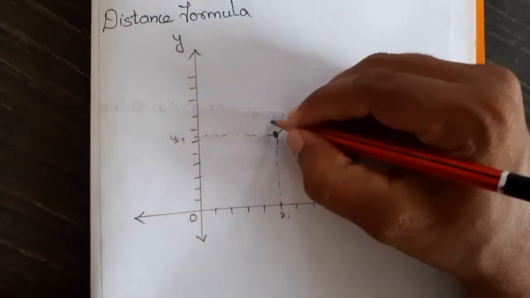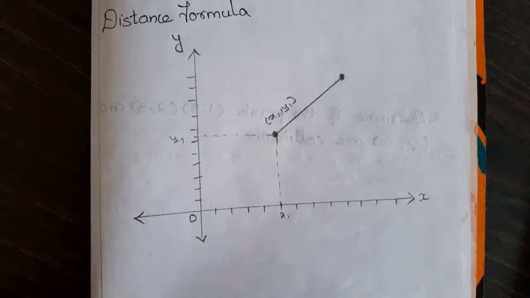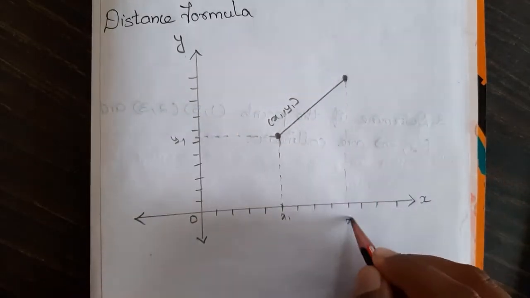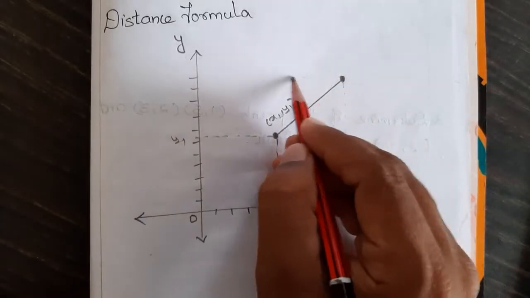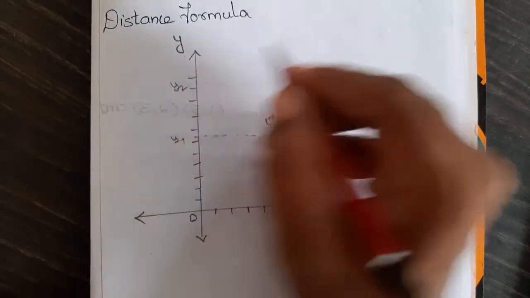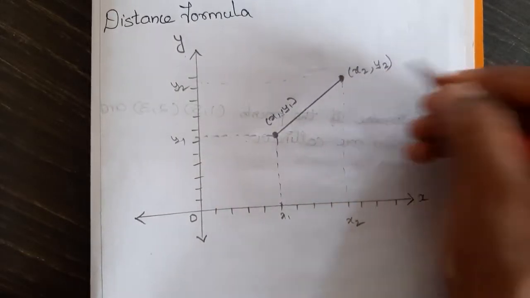Generally I'm considering x1 comma y1, and we can draw it anywhere. The other point will be x2 comma y2.